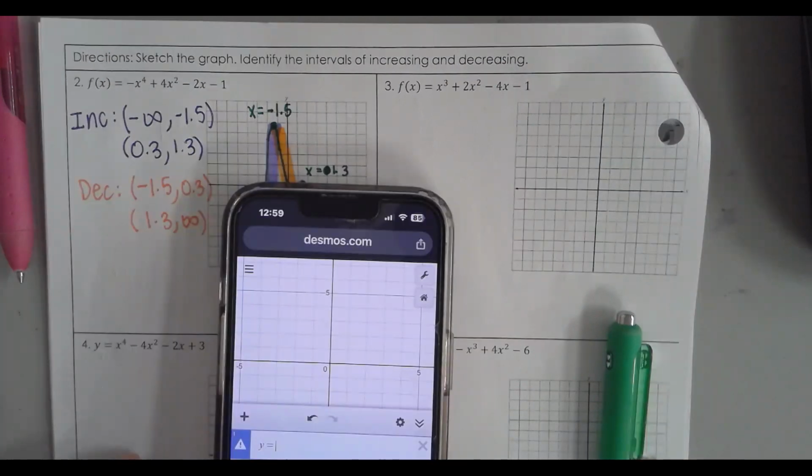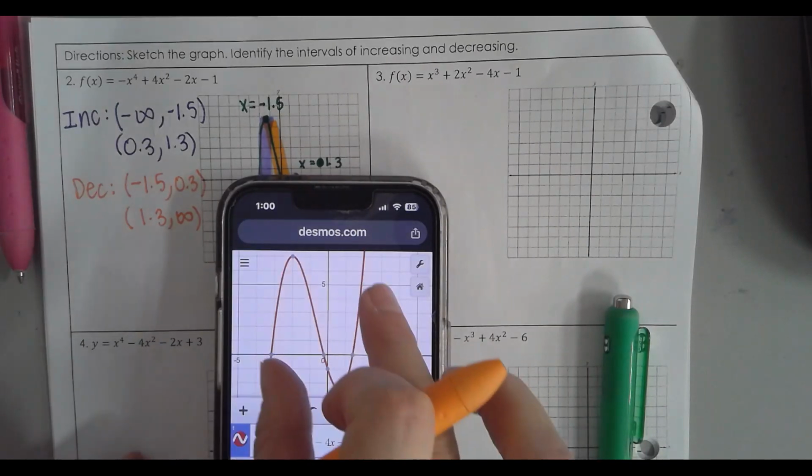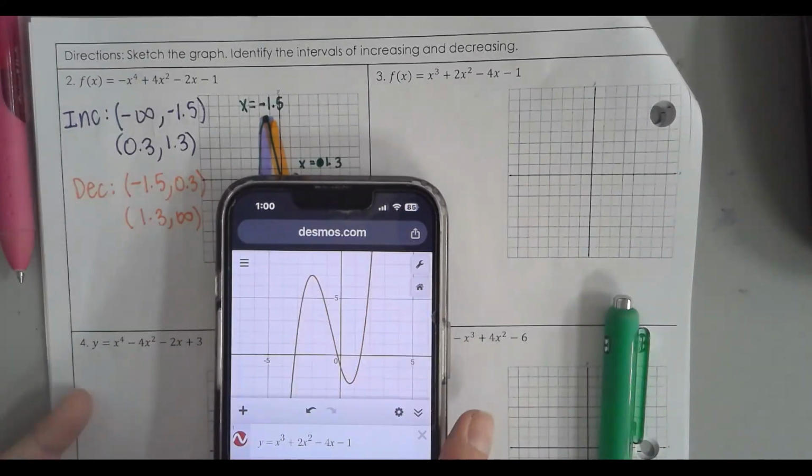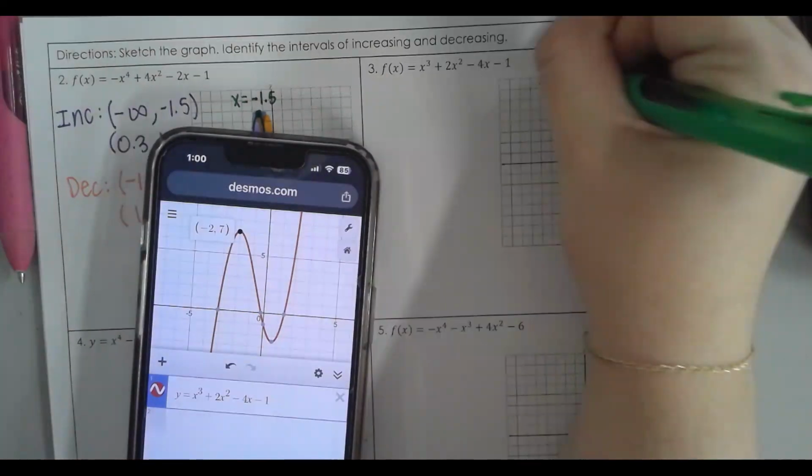Let's do y cubed plus squared minus 4x minus 1. Okay. All right, we have a maximum at the coordinate negative 2, 7.